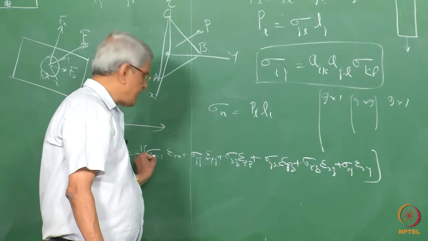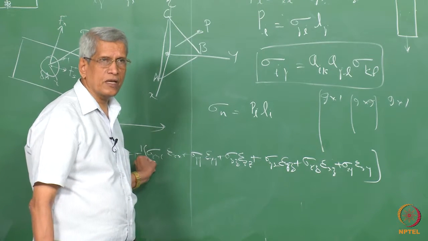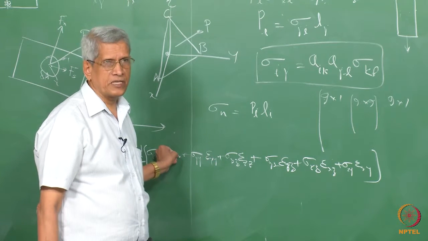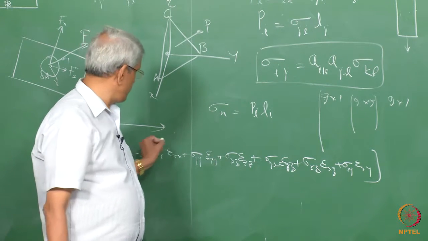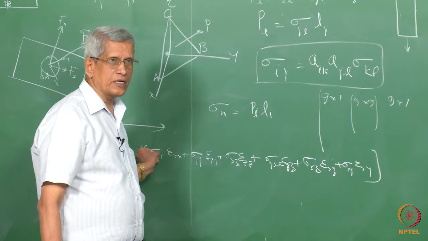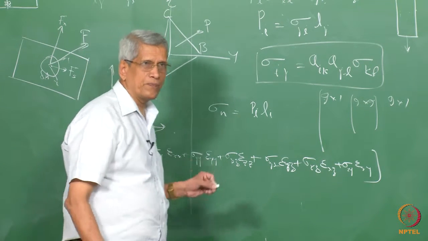We can write stress in terms of strain, so that this expression will become only in terms of strain. We can write strain in terms of stress, then this expression can be written in terms of only stress.